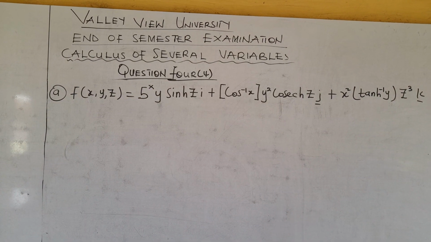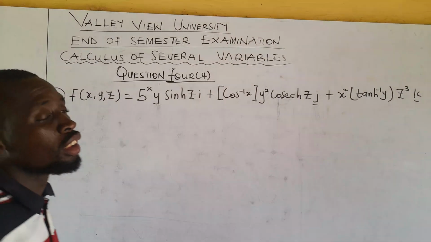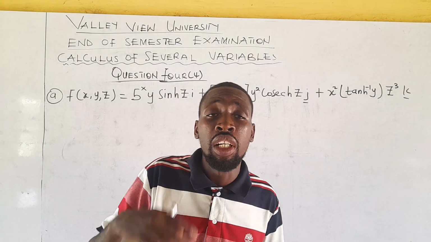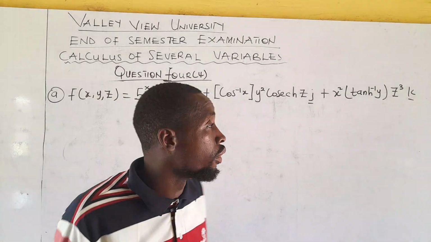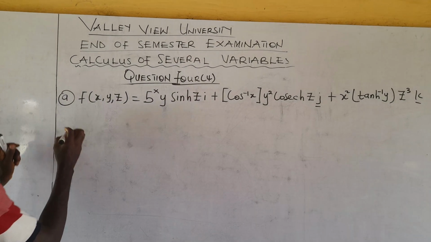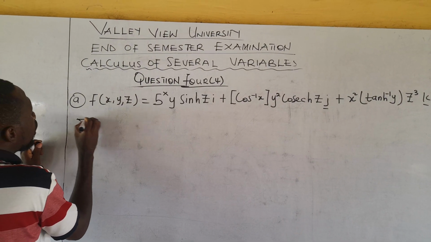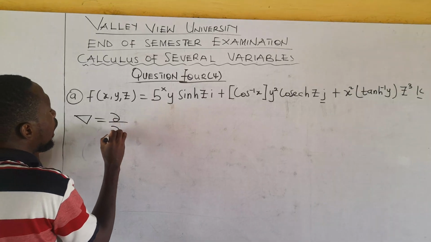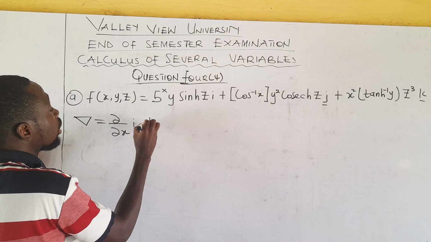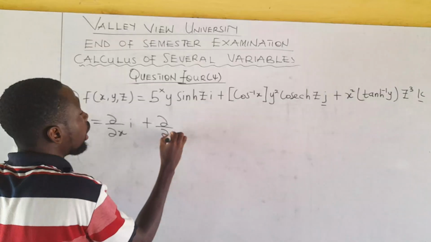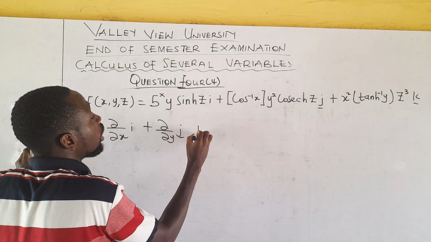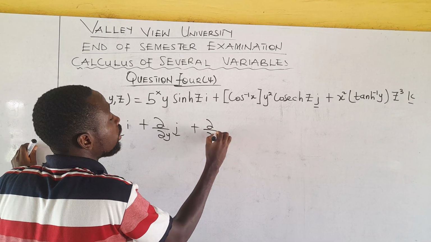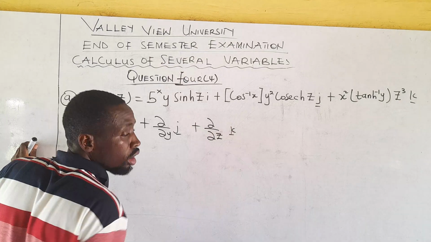So we said that the curl of a vector field is just the cross product of the vector differential operator and the vector field. And what's our vector differential operator? The vector differential operator is del over del x in the i direction, plus del over del y in the j direction, then plus del over del z in the k direction.